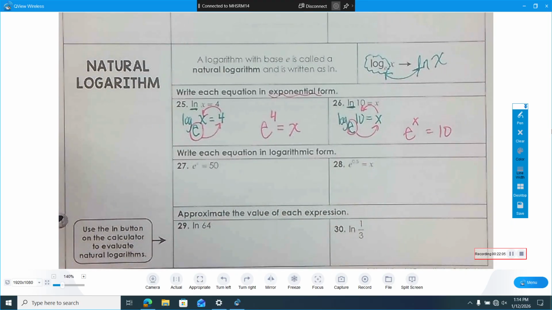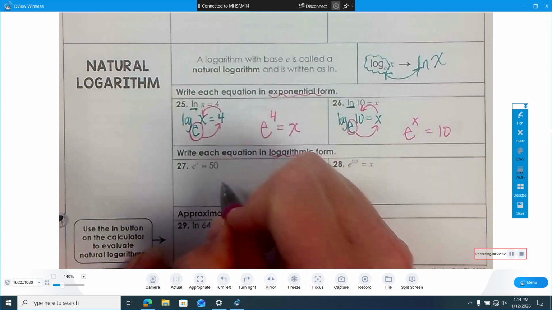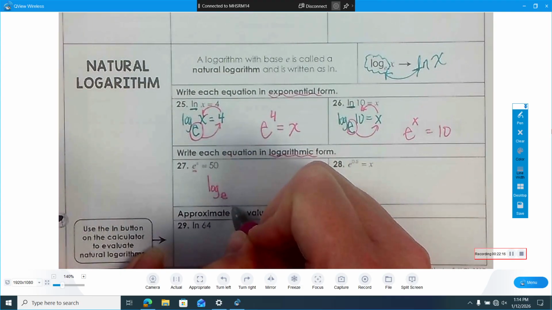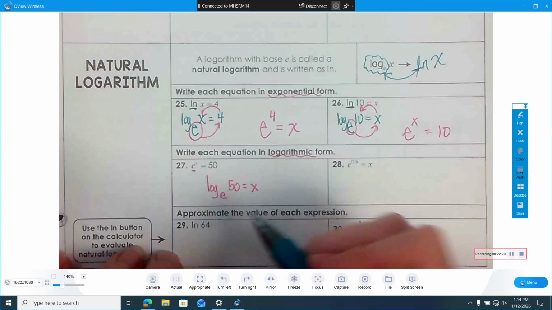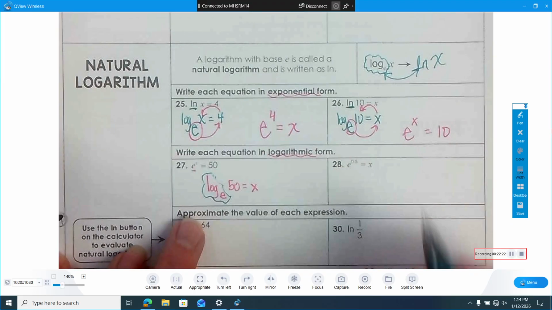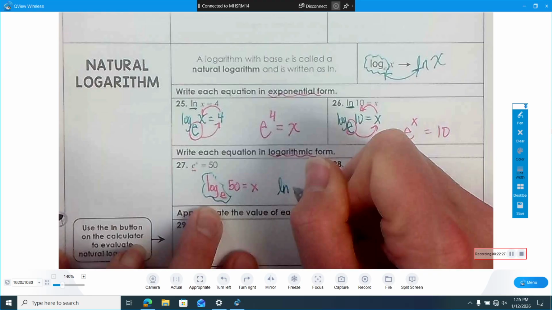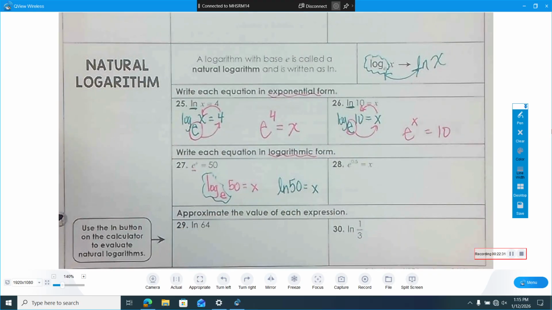Number 27, how do we write it in logarithmic form? So logarithmic form means that we've got to have a log in there. Log base e of 50 equals the x. Can I clean that up a little bit more? Log base e is really natural log. And anytime someone says ln, I go right to Ellen DeGeneres.